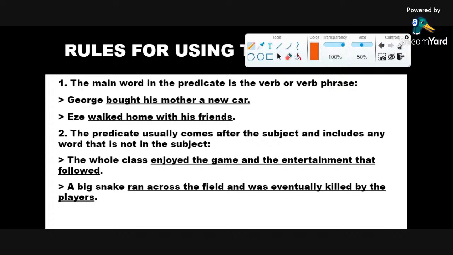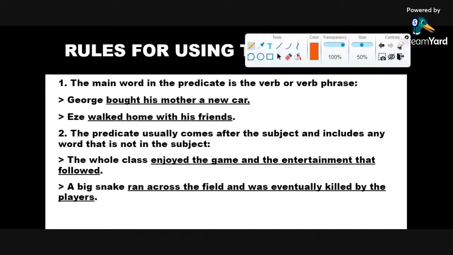Now, George bought his mother a new car. The predicate here is bought his mother a new car. The next one, Eze walked home with his friends.